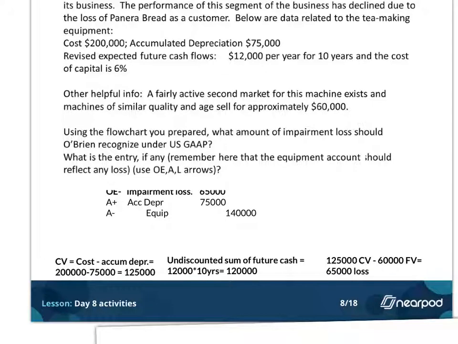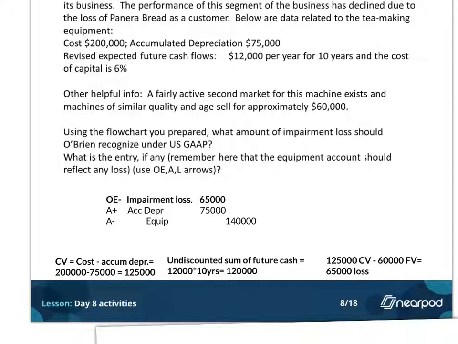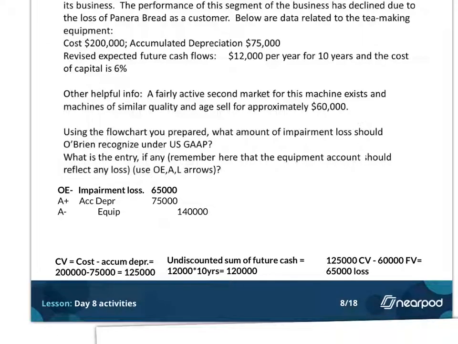I cut off the top of it. Let's see if I can make it fit. There we go. This is my entry. Just to make it clearer, that equipment account had 200,000 in it.